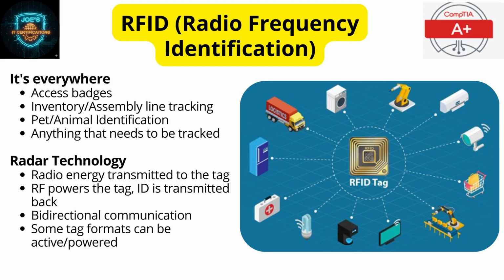This is an example of an RFID tag that's about the size of this grain of rice that's right next to it. There are also other styles of tags. This one is flat. You commonly see this inside of access cards. This design around the outside is the antenna, and if you look closely at the middle, you'll see the actual RFID chip. You'll notice there's no battery connected to this RFID tag.